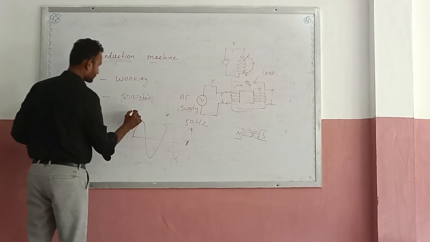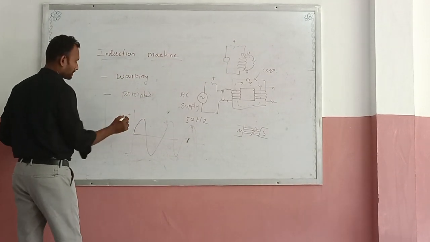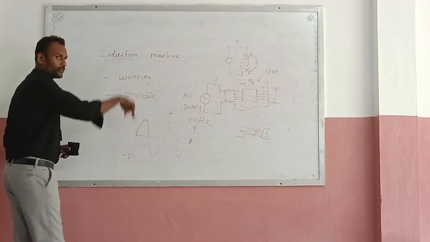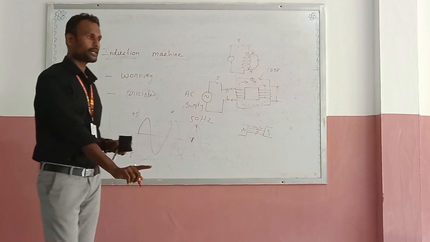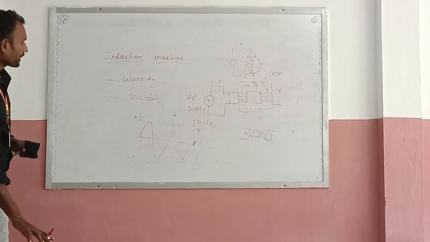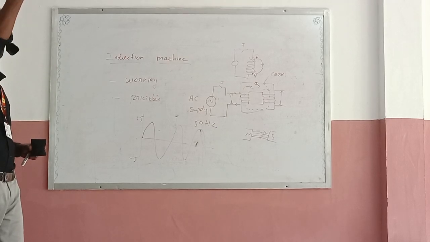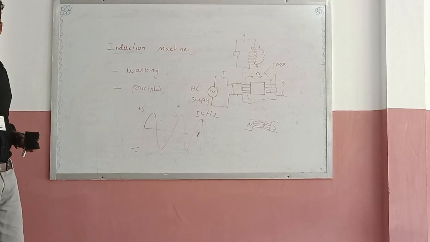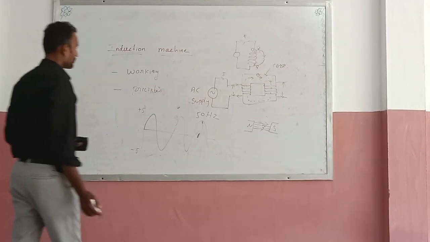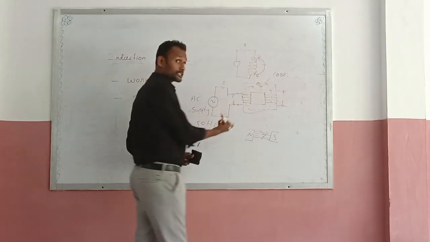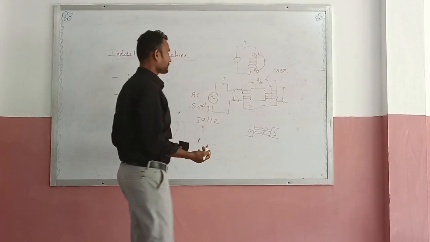For example, the current is plus, it rises, comes to 0, then goes negative, comes to 0, then positive again. Like that it alternates the direction and magnitude. Because of this current, the flux we get is also alternating.